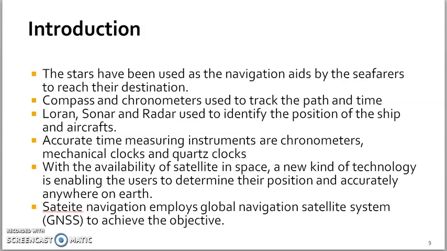That is used to identify the position of the ship and the aircraft. And then we have devices that measure accurate time: chronometers, mechanical clocks, and car clocks, used for easy and accurate measurement.